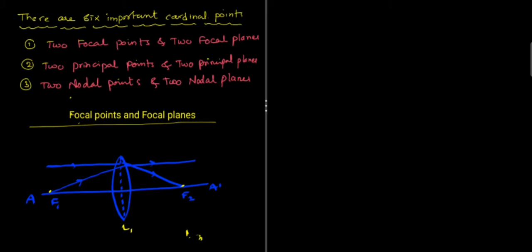An optical system consisting of a thick lens or a number of lenses kept in contact has 6 important points, called cardinal points.